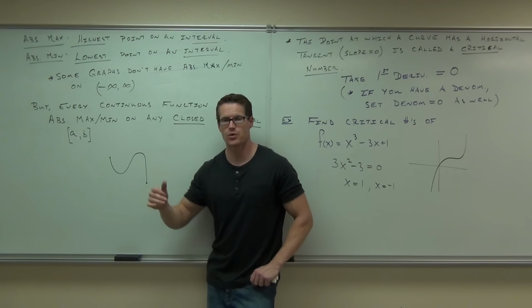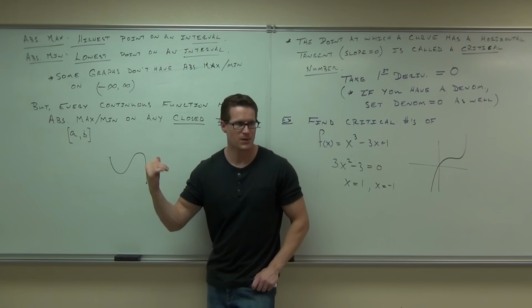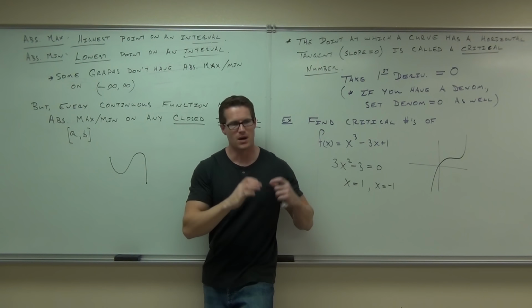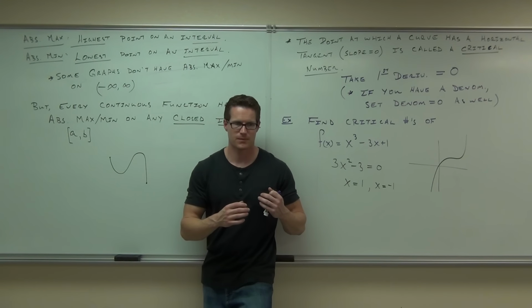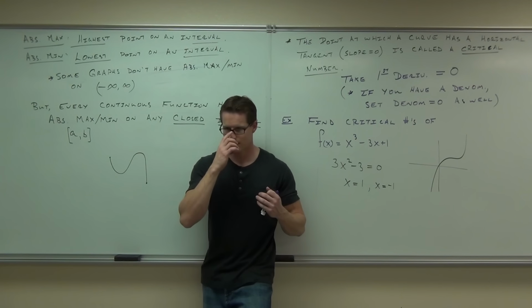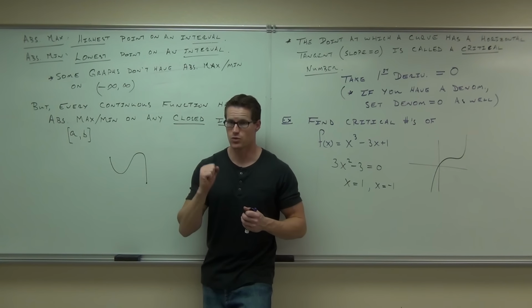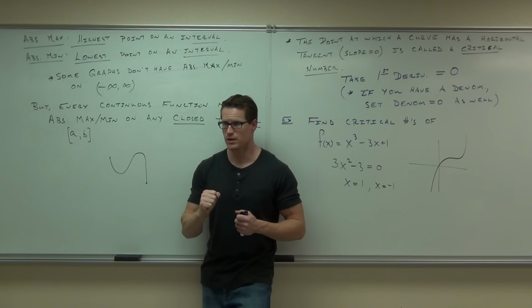So what's going to happen for your absolute max or min? For any closed interval, it must take place, you should be writing this, it must take place at either a critical number or an end point.